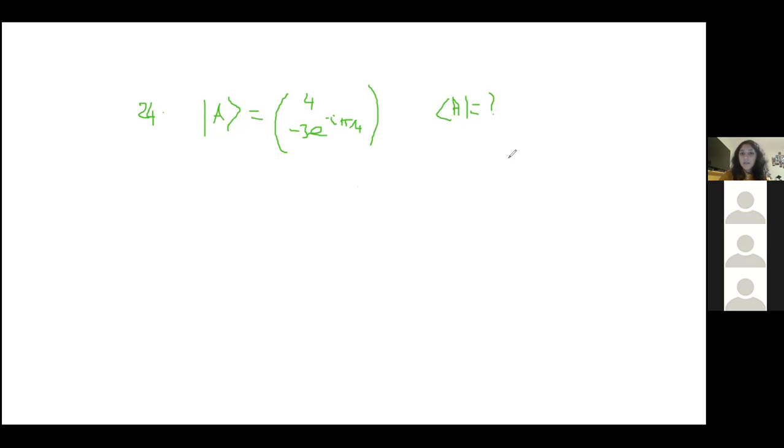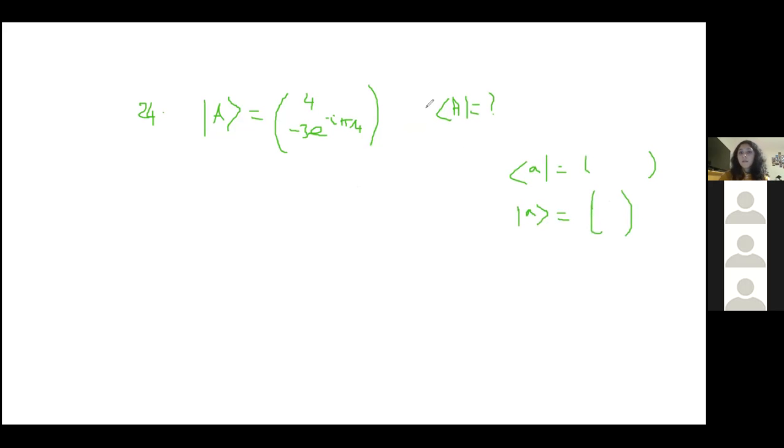A bra is a row vector. So anything of this form is a row vector, and anything of that form is a column vector.